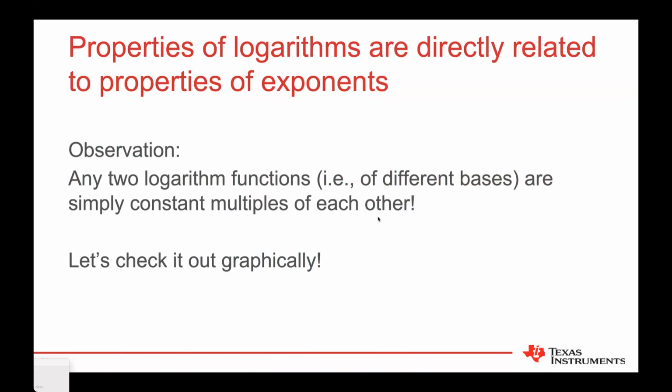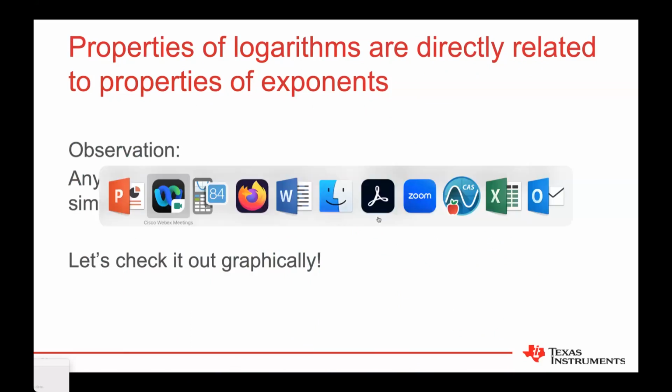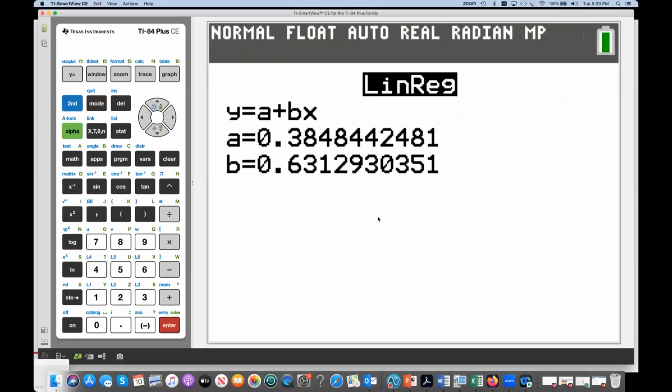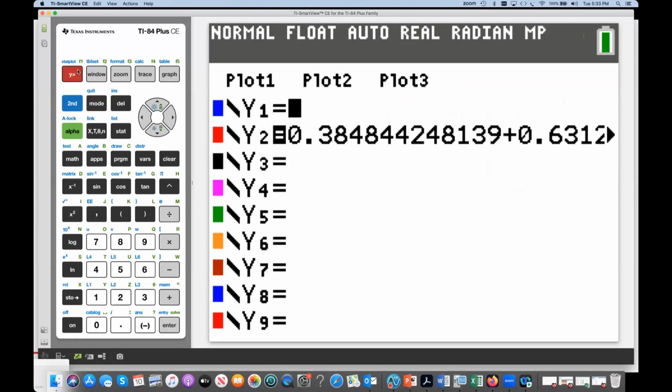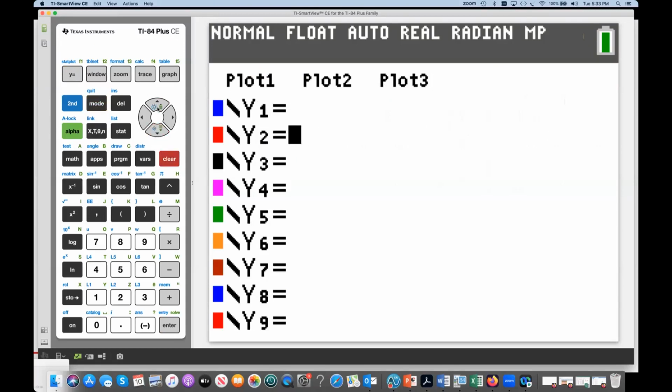I'm going to take this occasion to move to the 84 so that we can illustrate this. Okay, let me go to y equals here. I'm just going to graph a couple of logarithm functions of different bases. Let me clear out my y1 and y2. For y1, let me just use ones that are very handy.